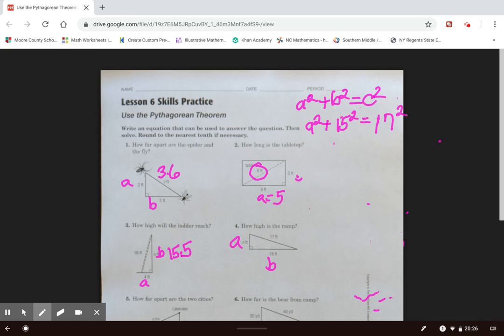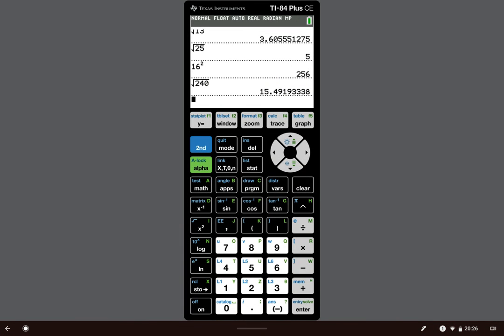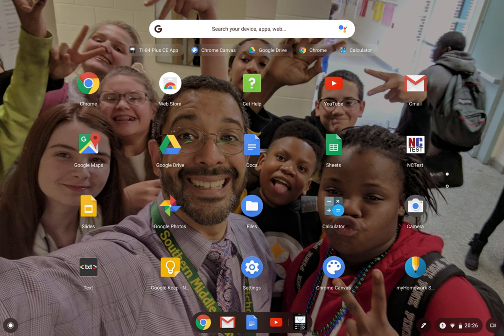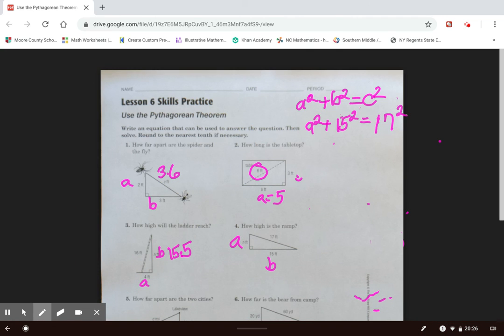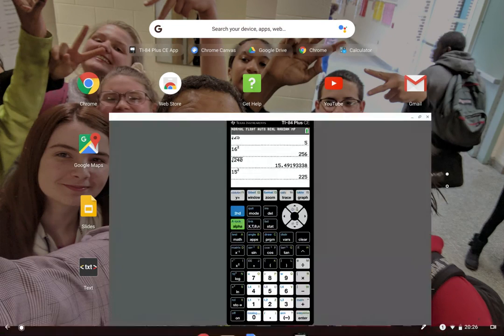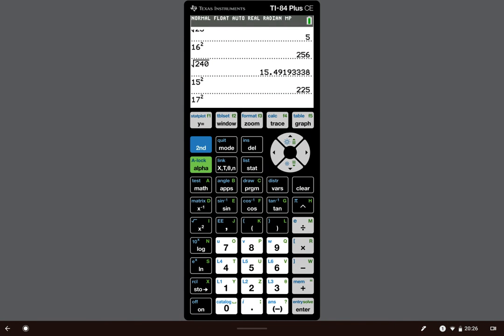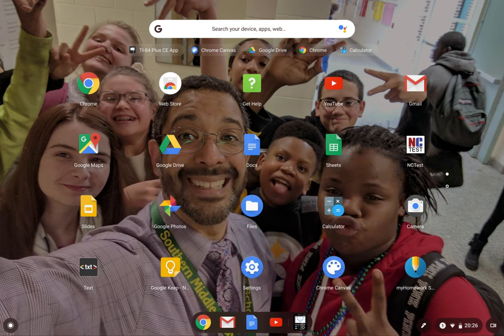Okay, so on my calculator then, I need to do 15 squared, so 15 x squared is 225. And then 17 squared is 289.